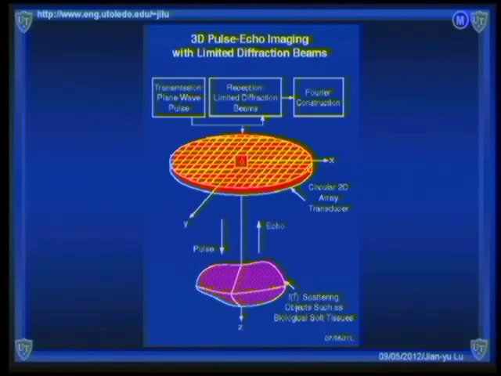You can steer the transmit beam in different directions to reconstruct the image of a larger field of view, and at the same time you get a higher image resolution.